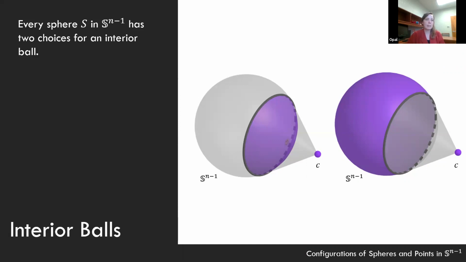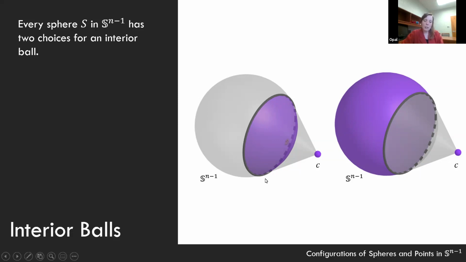I've sort of been sweeping that information under the rug. And just to talk about it briefly here, for every sphere that we have, we do have a choice of which interior ball to pick. And so how do we choose the correct space-like unit vector to go with it then? There's a nice way to do it.